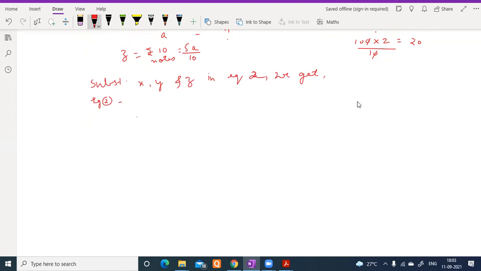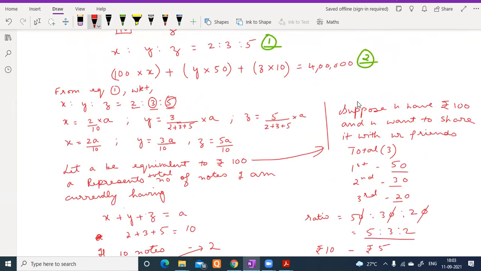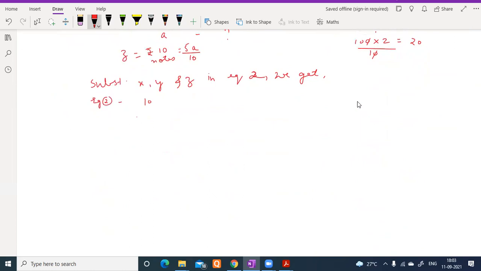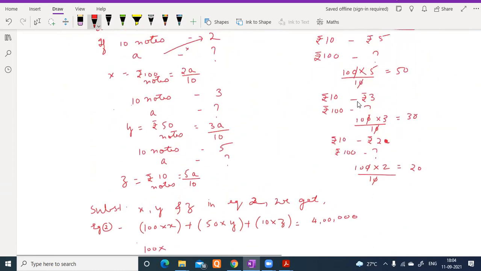What is equation 2? 100 into x plus 50 into y plus 10 into z equals 4 lakh. Let's write the equations, it's important to write them. This is equation 3, this is equation number 4, and this is equation number 5.